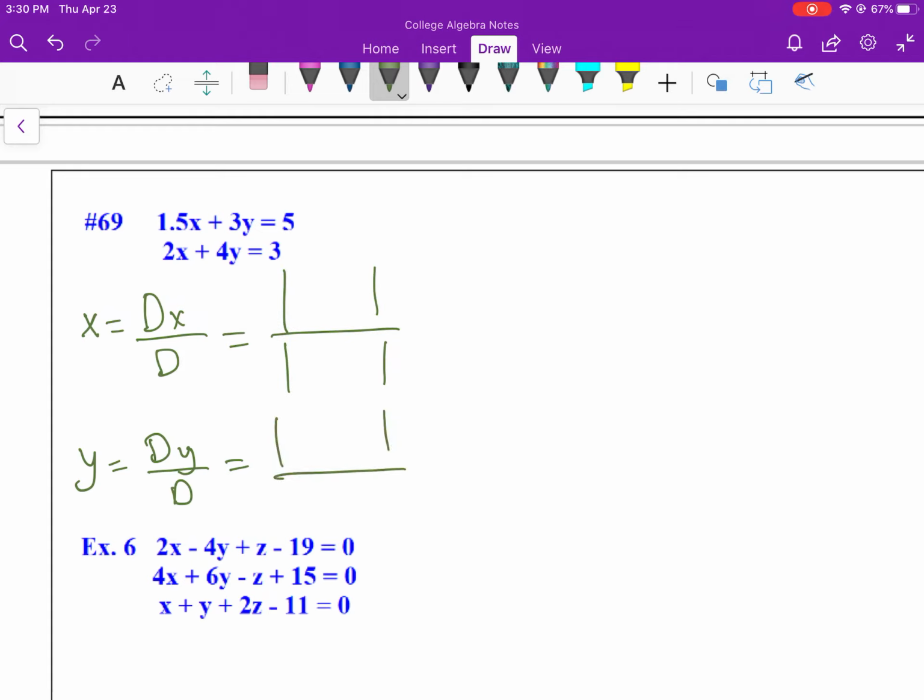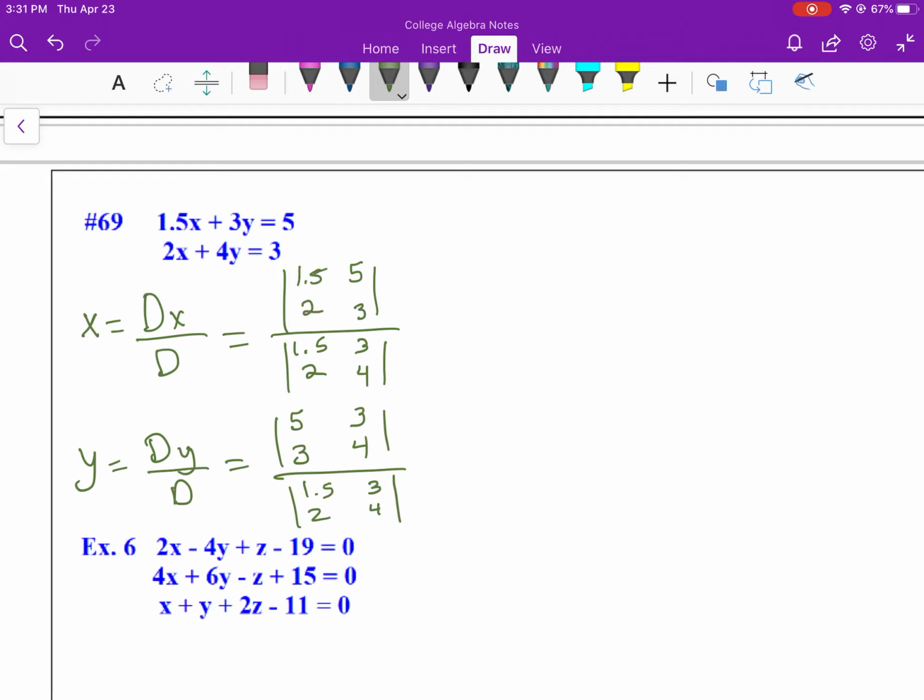Okay, so the bottom, 1.5, 2, 3, 4. And then the top. Let's see, I remember my x and my y, so I'm finding x, so the 5 and 3 go there. Bring up what's underneath.